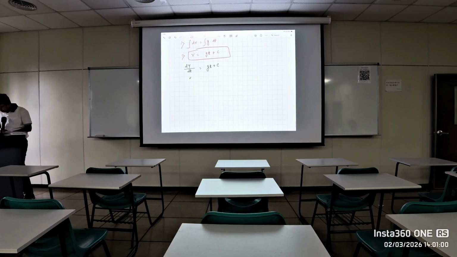I can rewrite this as dy is equal to (gt plus c) dt, and if I integrate both sides, I get y is equal to gt square by 2 plus ct plus c1.